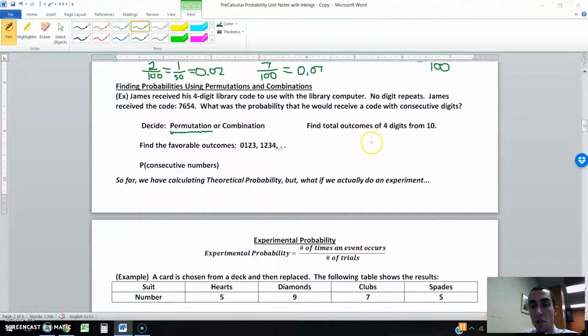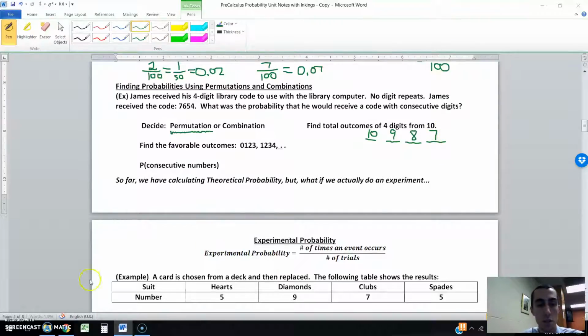So, we've got 4 spots. 1, 2, 3, 4. Now the first one could have 10 digits. And the next spot, remember that no digit repeats. Next spot would have 9. Next would have 8. And the next would have 7.